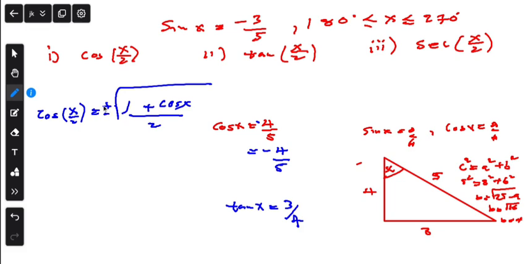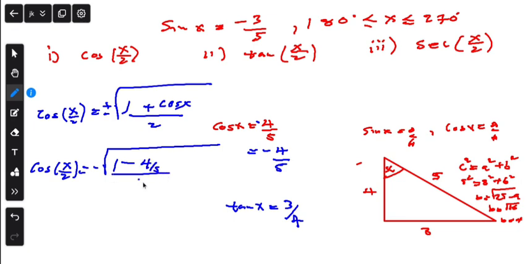Now this sign here, you take it according to the range. Cos is negative in the third quadrant, so we're going to add a negative there. Here we need to put a negative instead of a positive because the range is showing that it is in the third quadrant. So we have 1, and since here we're having a positive and this one is negative, I'm going to say 1 minus 4 over 5, then divided by 2.